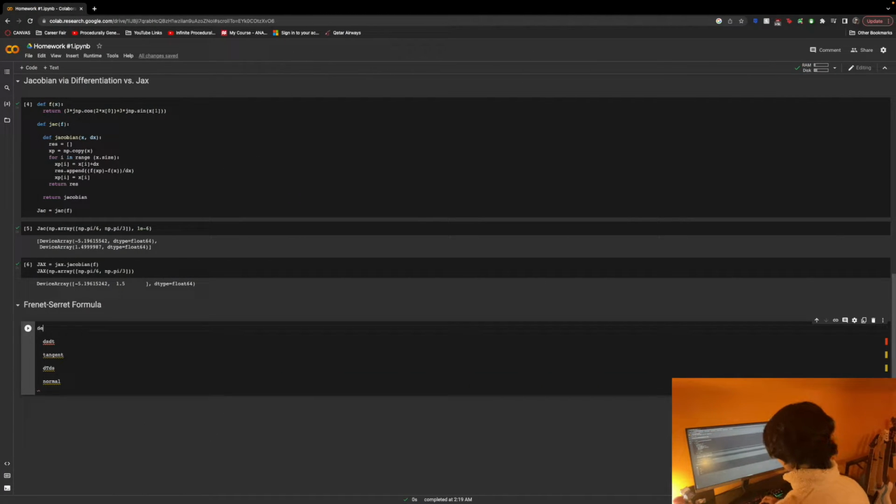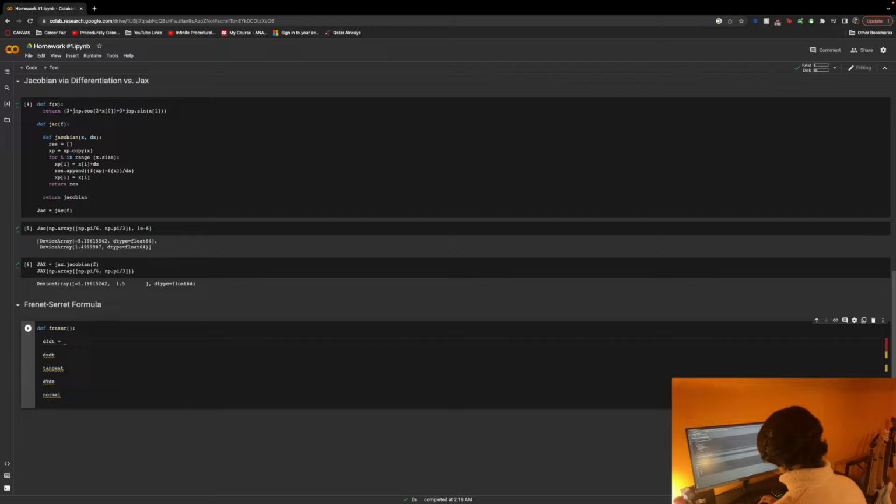So now I'm going to define our whole function for the Frenet-Serret, so I'll just call it Frenet-Serret. The first thing we want to do is get our df/dt, and we've already established that this is simply going to be the Jacobian of our curve function. So there's that.